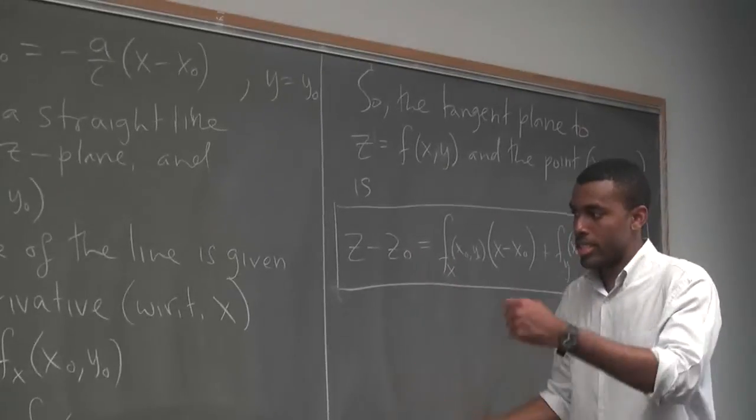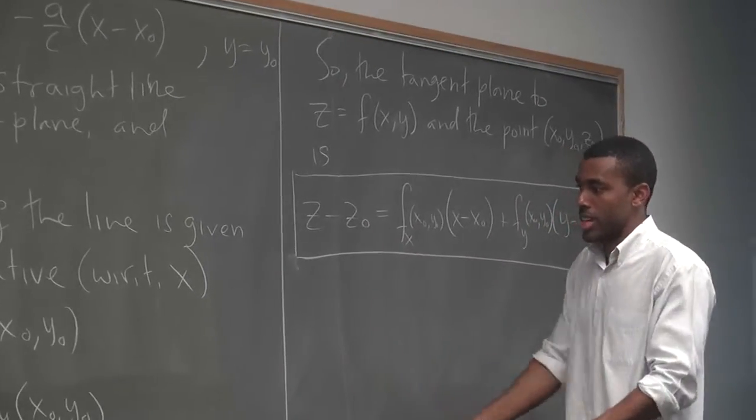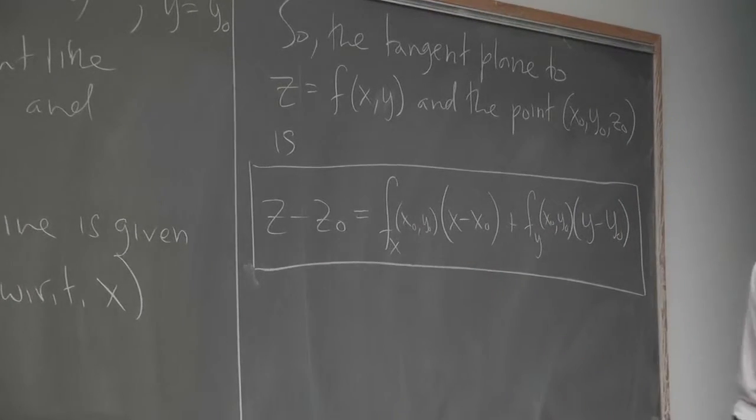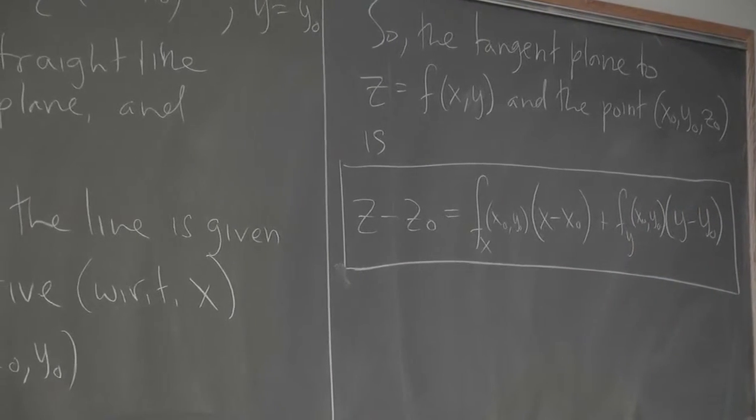Basically, you slice things, you look at the tangent line, and you see that the slope in the x direction has to be that. And you can sort of replace it. That actually gives you the equation of a tangent plane to a surface.